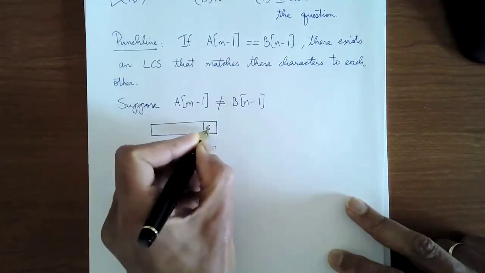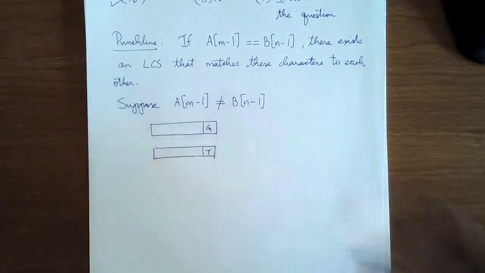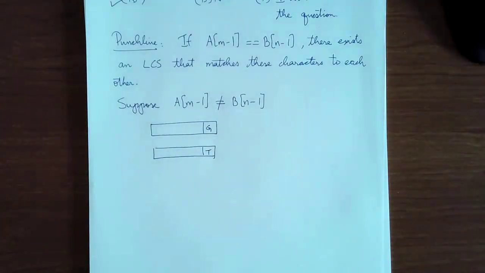Maybe this character is a G and this is a T. Rather curiously, I'm ending up with DNA sequences as well, with T and G.